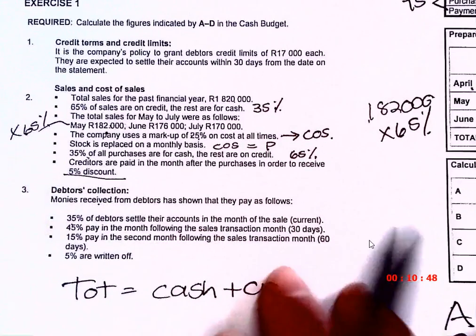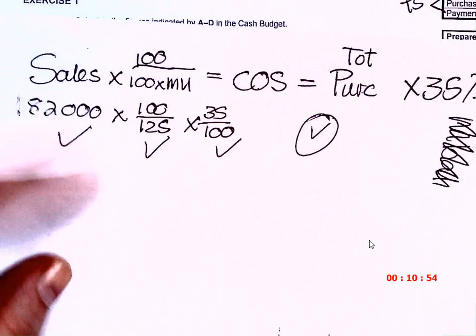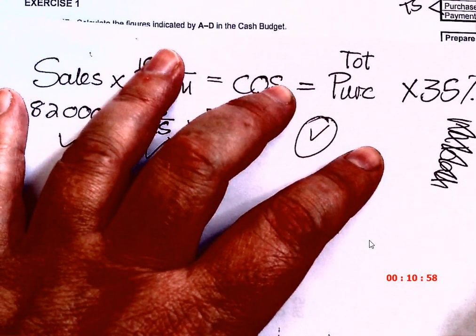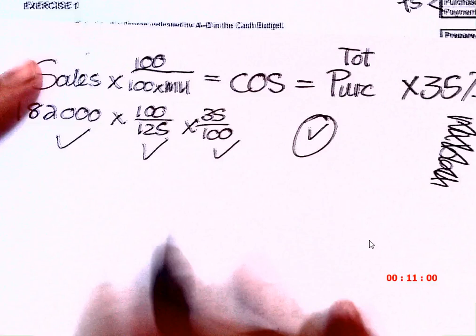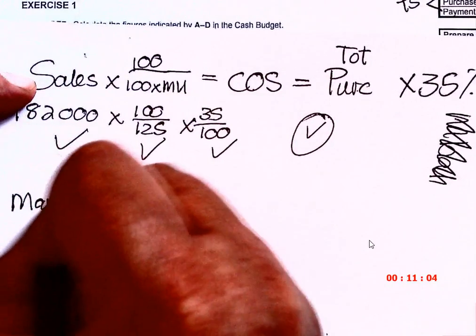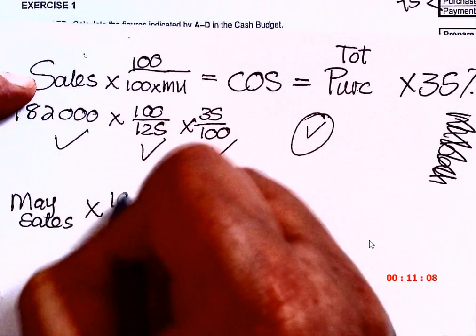Okay, so now I'm going to take this calculation again, but now it's a little bit longer. So if I want to pay in June, when did I buy it? In May. So I'm going to do the same thing as I did here. I'm going to take May sales. I'm going to calculate the cost of sales.